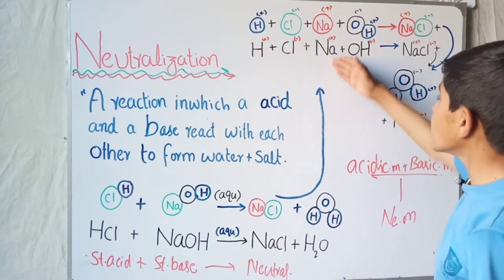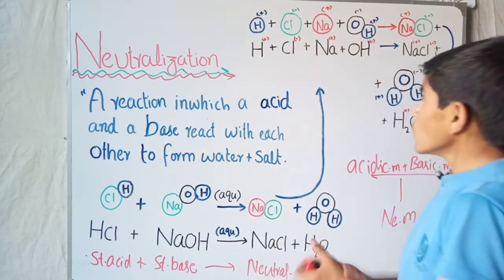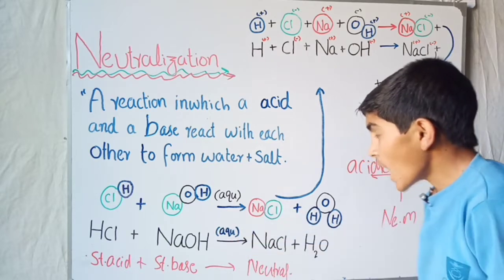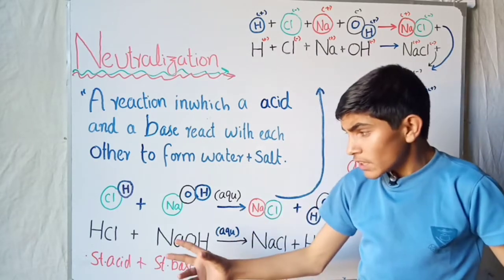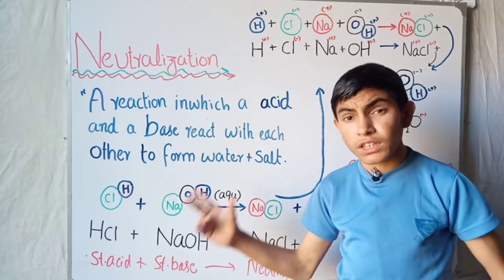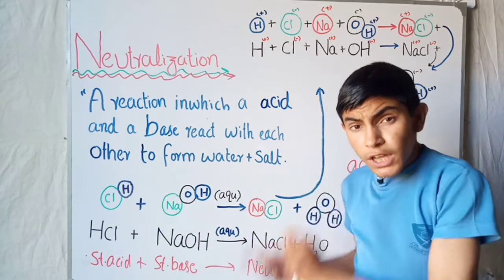Understanding this reaction may be very helpful. So we say that HCl mixed with sodium hydroxide gives us NaCl plus H2O.